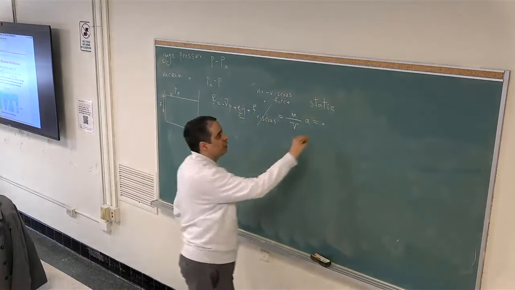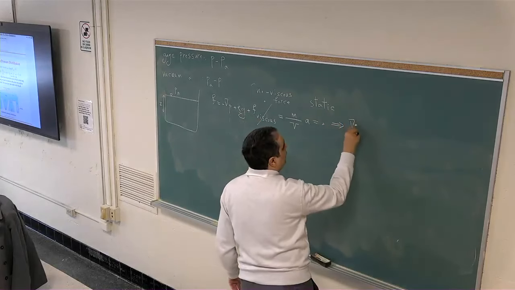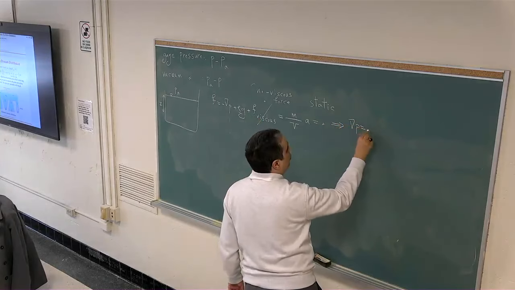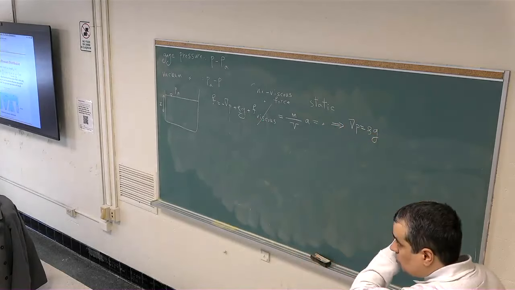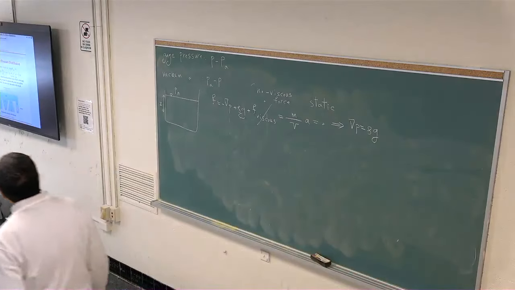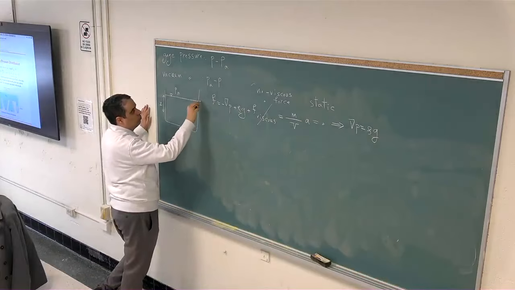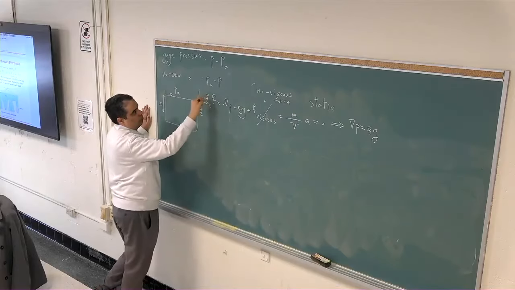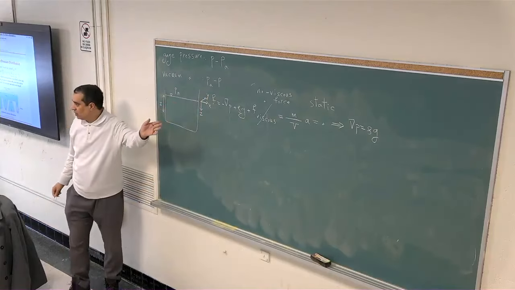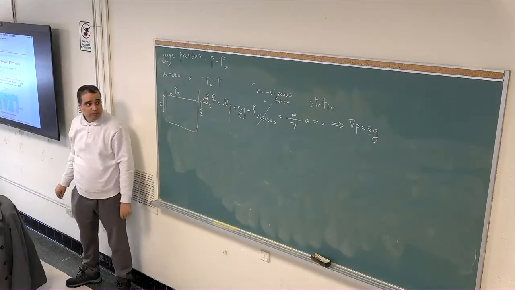In this case, grad P is equal to rho g. This is our axis. Z is in the vertical direction.